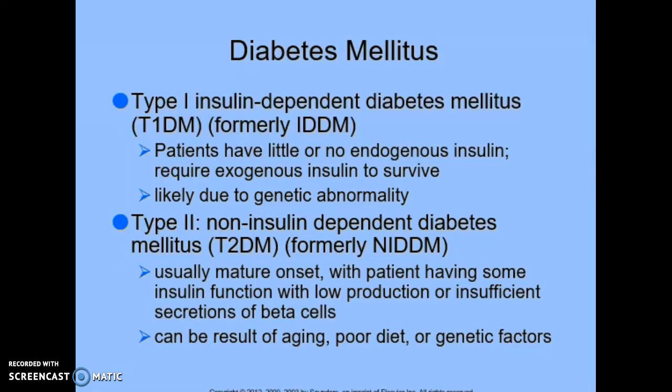And type 2, which is non-insulin dependent diabetes, we usually see as a mature onset, with patients having some insulin function with low production or insufficient secretion of beta cells. This can be a result of the aging process, poor diet, or genetic factors.